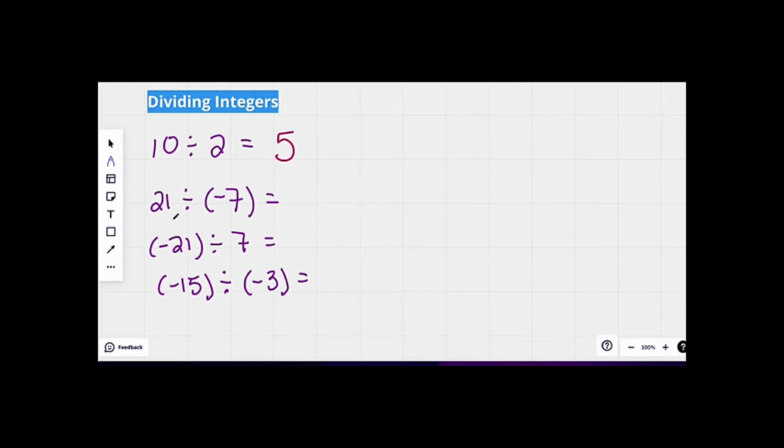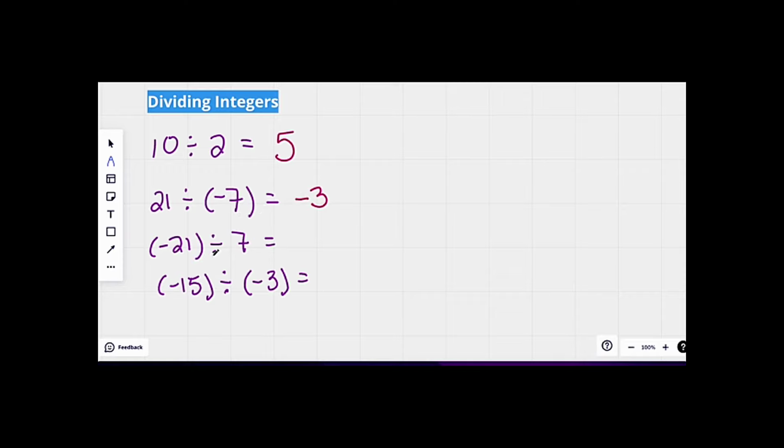What about 21 divided by negative 7? So we know we're going to have 3, because 21 divided by 7 is 3, but is it negative 3 or positive 3? Well, we have a positive and a negative. We know that a positive divided by a negative always equals a negative.